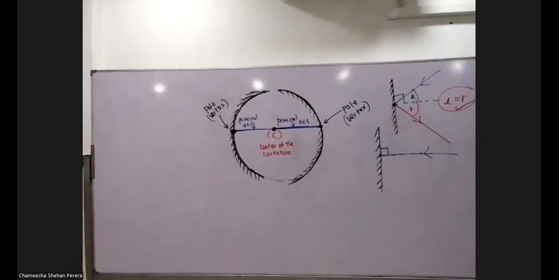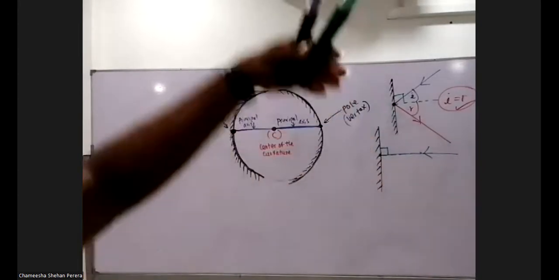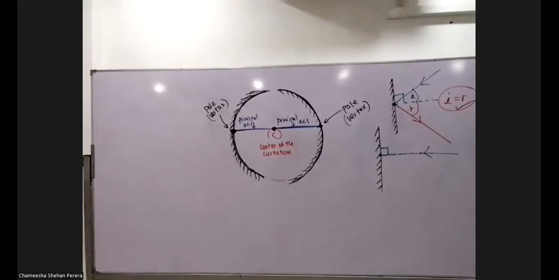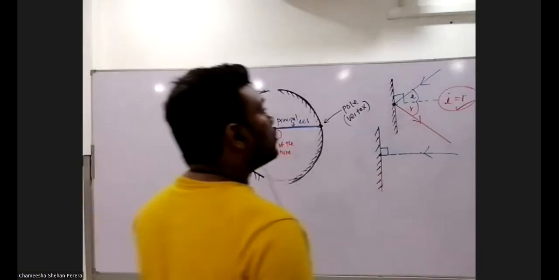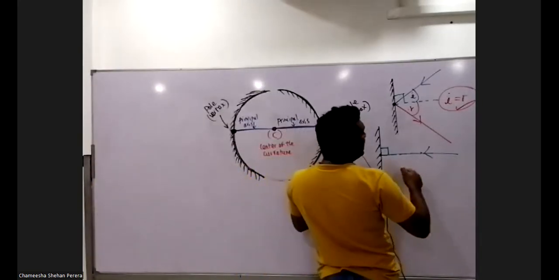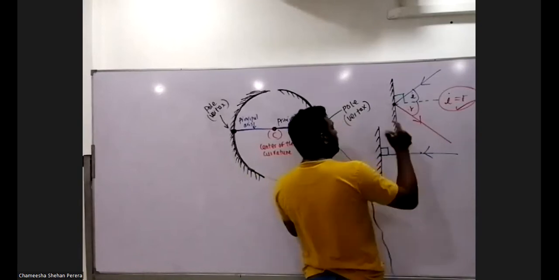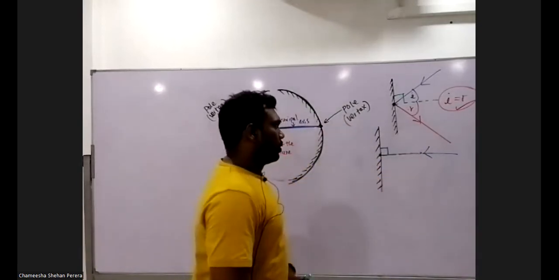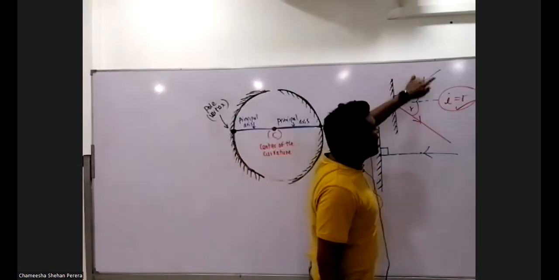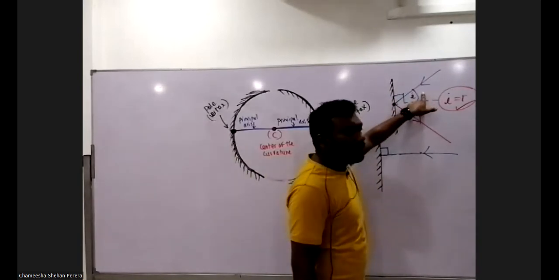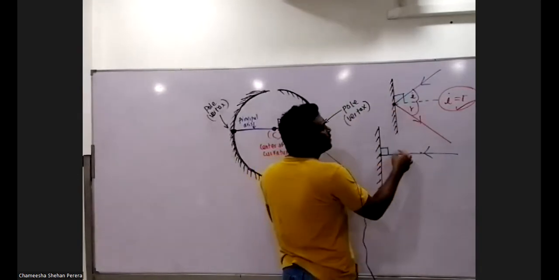So when you construct it, the normal lies on the incident ray. So you will not be able to figure out any angle between the incident ray and the normal. The angle between the incident ray and the normal is called the incident angle. So here there's no angle.